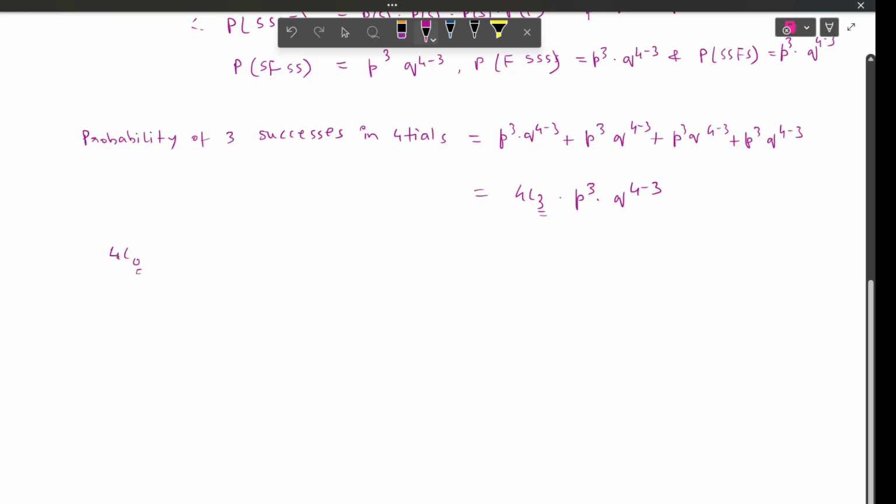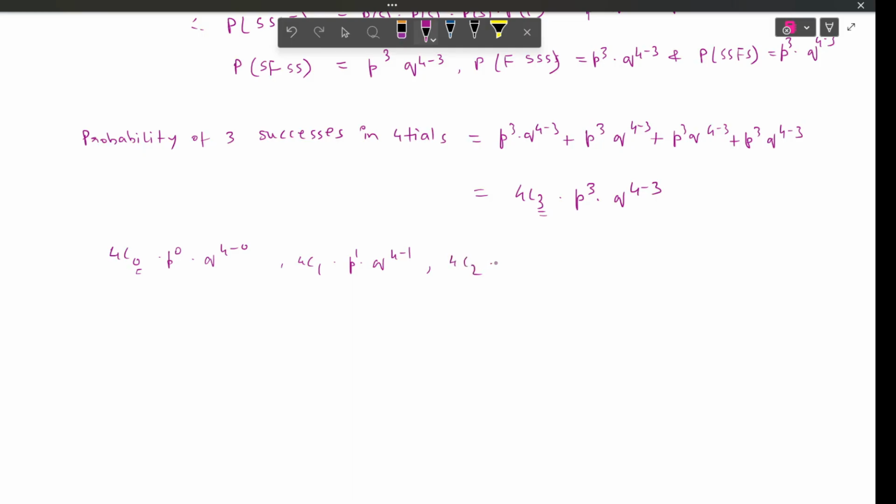We have 0 successes, then it would be 4C0, p to the power 0 and q to the power 4 minus 0. 1 success, that is 4C1, p to the power 1, q to the power 4 minus 1. 2 successes, that is 4C2, p to the power 2, q to the power 4 minus 2. And 4 successes, that is 4C4, p to the power 4, q to the power 4 minus 4.